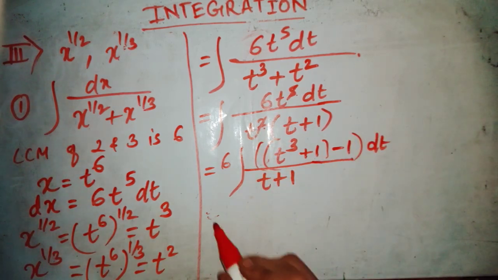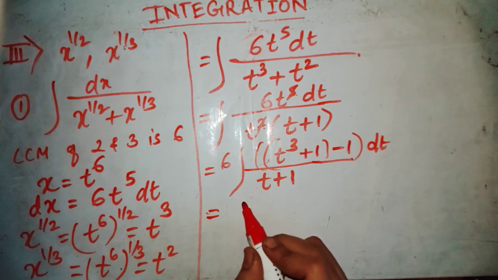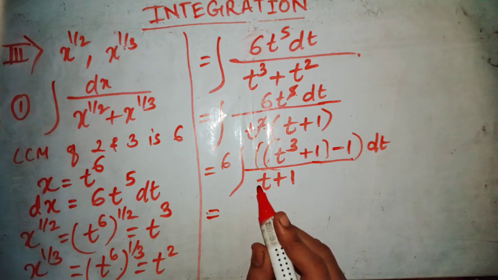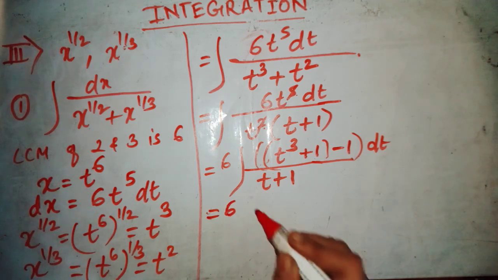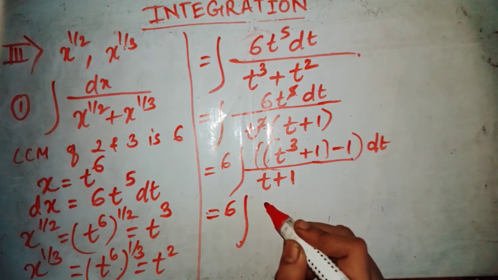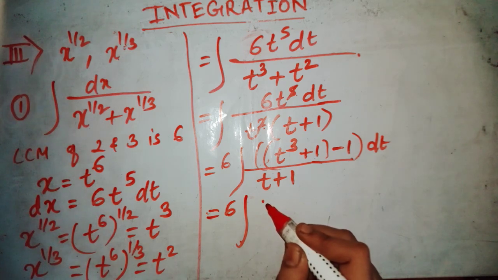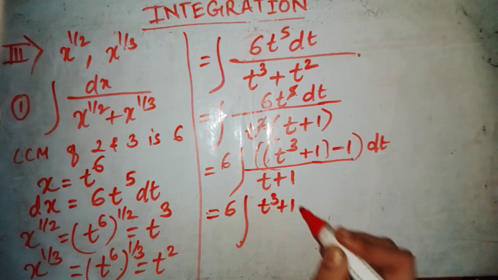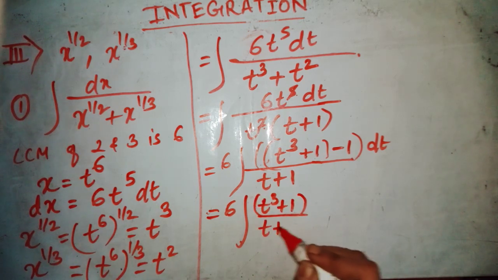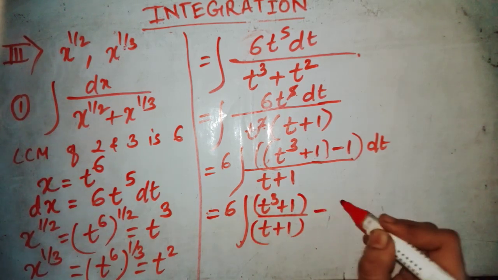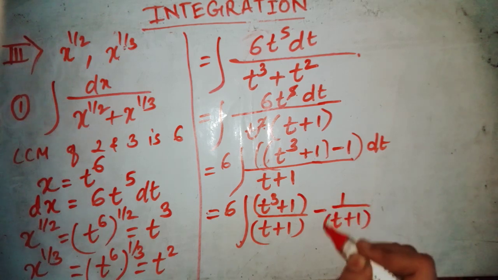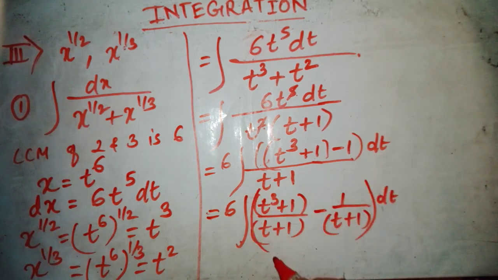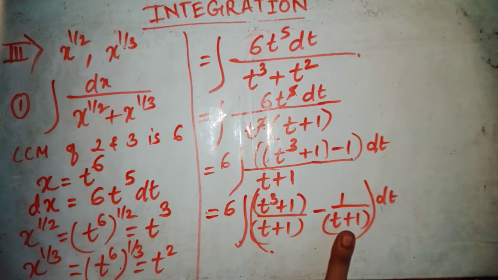Okay, so separating out the terms, I will get 6 times the integral of (t cube plus 1) upon (t plus 1) minus 1 upon (t plus 1) dt. So 1 upon t plus 1 you can directly integrate, that is log of t plus 1, right?